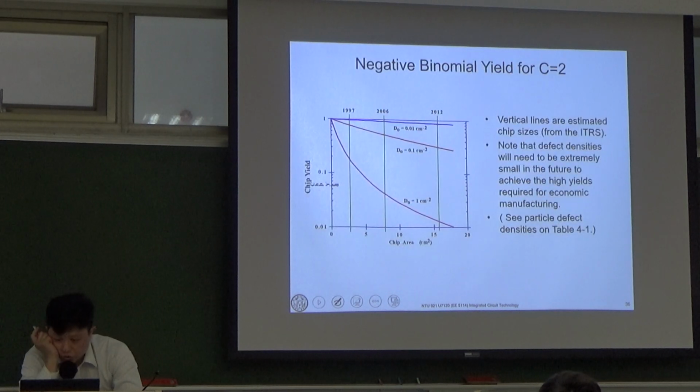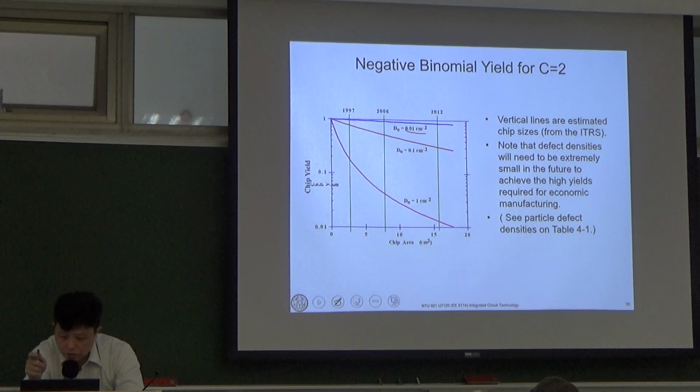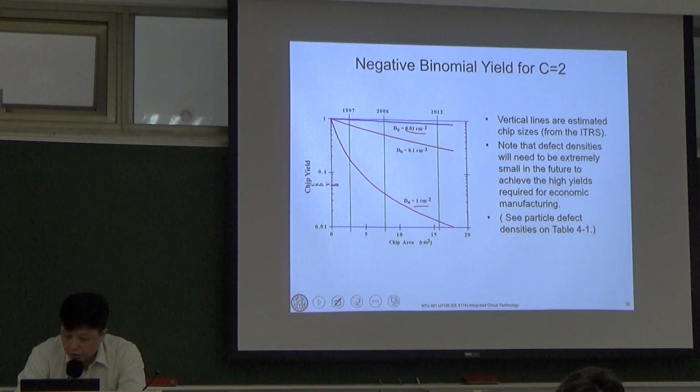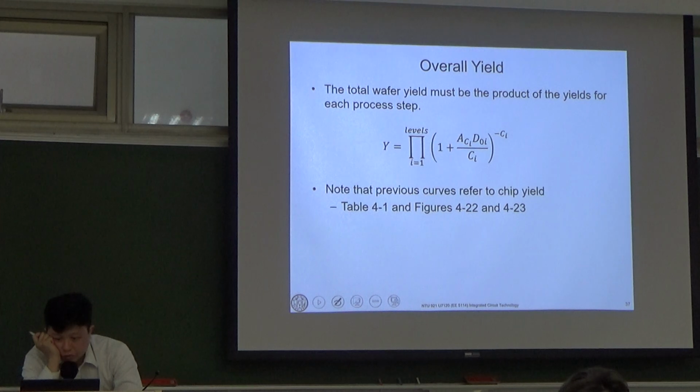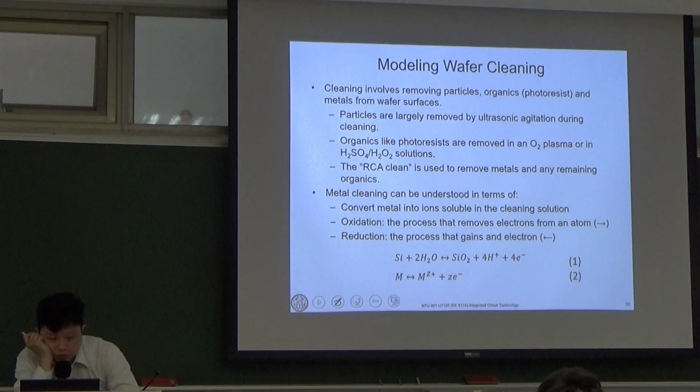For C equals 2, if we change your defect density, and the defect density is larger, then you can see the yield drops quickly as you increase your chip area. The overall yield is the product of the yield of each stage, so we can just multiply them together. I think this is quite easy to understand.